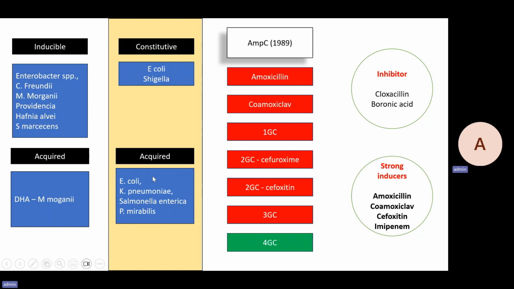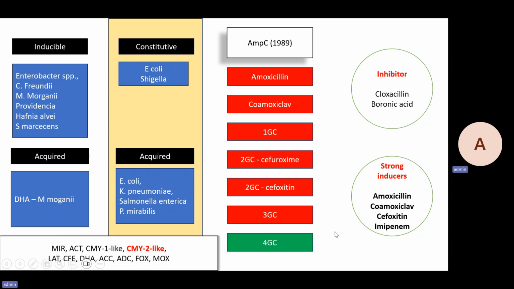And this plasmid-mediated AmpC, if bacteria acquire it, they usually produce it. It is not inducible. So if a Klebsiella pneumoniae gets an AmpC via a plasmid, then it will express it. You do not need to induce it by giving co-amoxiclav or anything like that. Only one is an exception, the DHA type of AmpC in Morganella morganii, which needs to be induced to be produced.